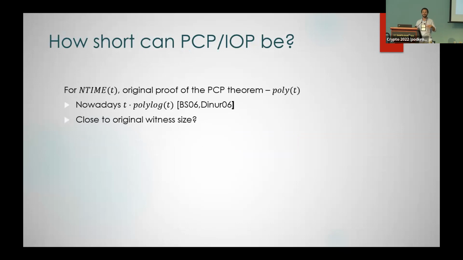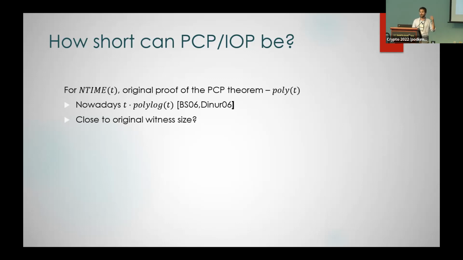So even about PCPs, when we're talking about an IOP or a PCP, they basically provide a mechanism that allows us to encode a witness or computation in a way that allows the verifier to check the correctness of the statement by just looking at a small number of locations in the encoding. And it's a very natural question to ask, how short can this encoding be?